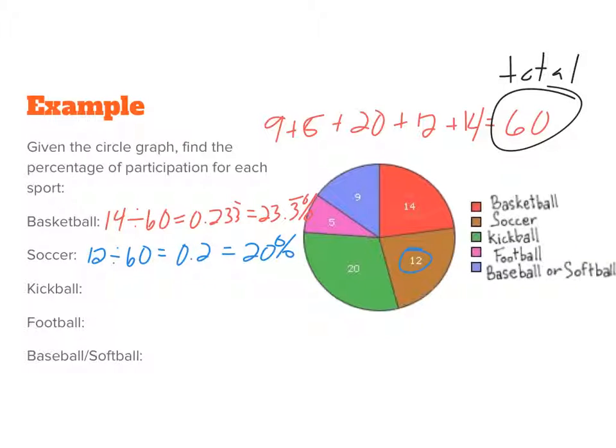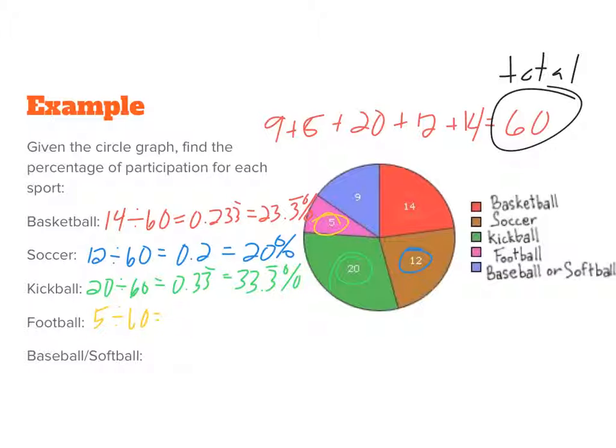For kickball, there are 20 people in kickball, so I'm going to take 20 divided by 60, and when I do that, I get 0.33 repeating. If I turn that into a percent by moving it over, I get 33.3 repeating percent. Make sure you include that repeating at the end. For football, there were 5 in football, so 5 divided by 60.